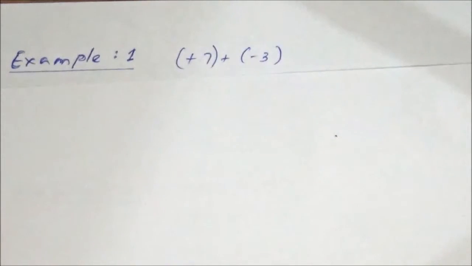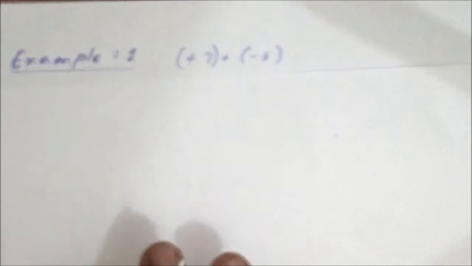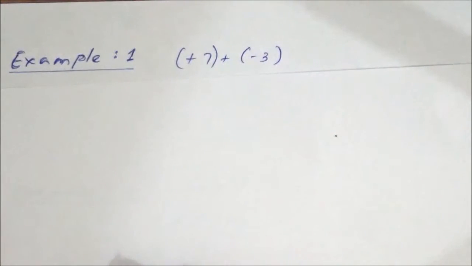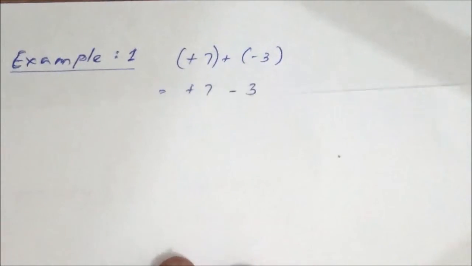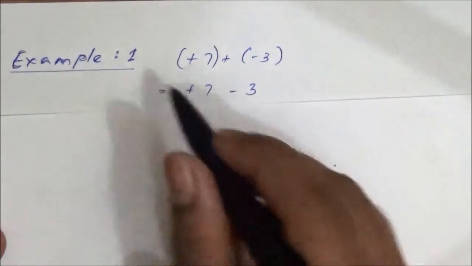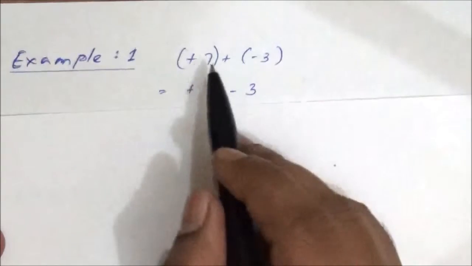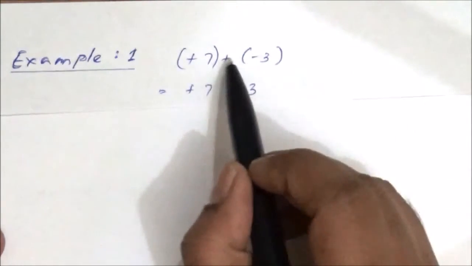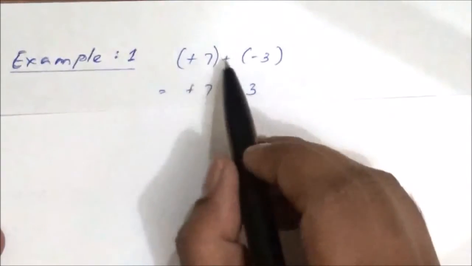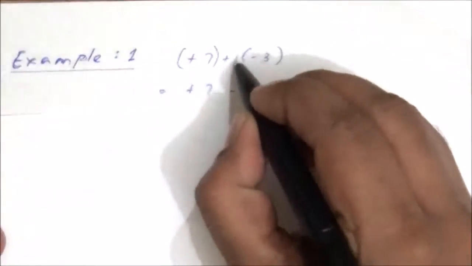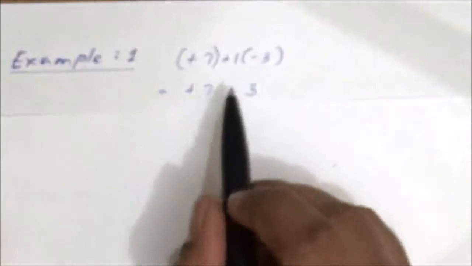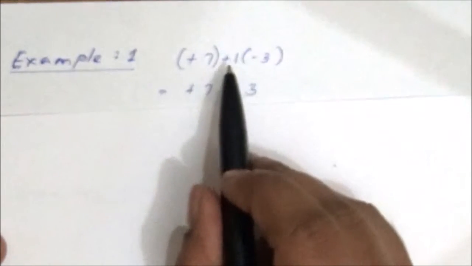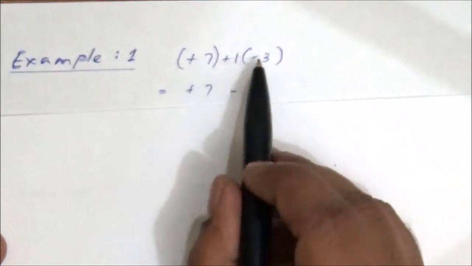To add two directed numbers with different signs, find the difference between the numbers and give the answer the sign of the larger number. Plus 7 is plus 7 because there is nothing to multiply here. But outside the bracket there is a plus sign, an invisible one. To remove this bracket, I have to multiply this outside sign with the inside.